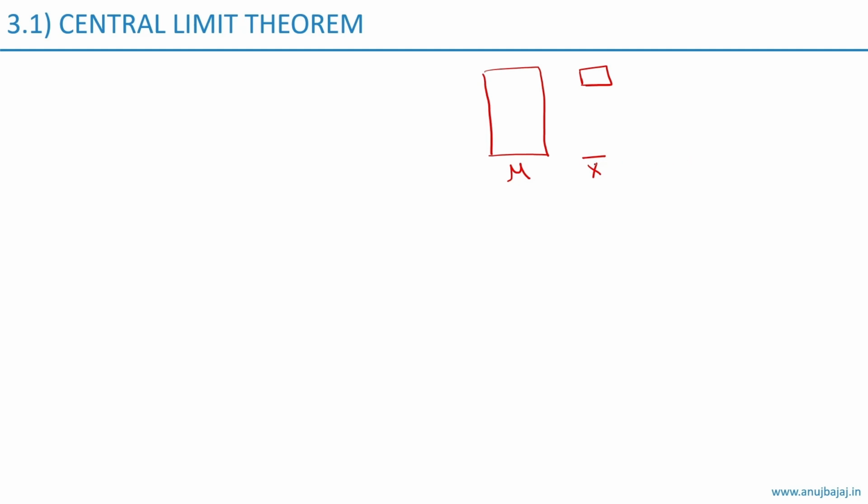We want to know how much this sample mean deviates from the population mean. How much does it vary from the population mean? Because we don't actually know the population mean, we won't be able to find this directly. So we use the central limit theorem, which helps us in finding out how much the sample mean deviates from the population mean.